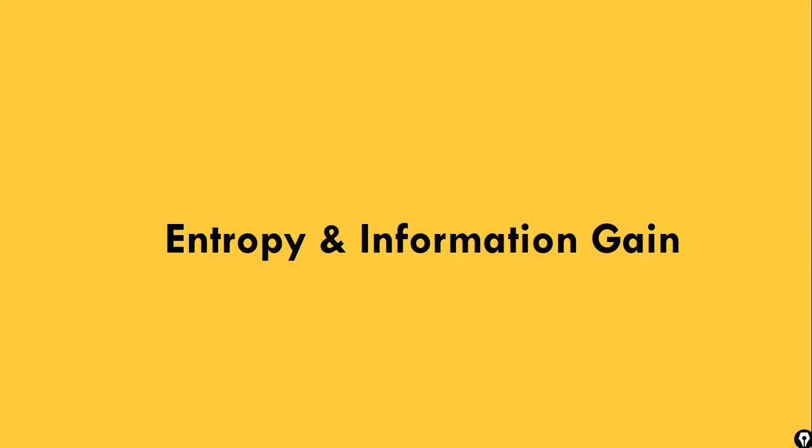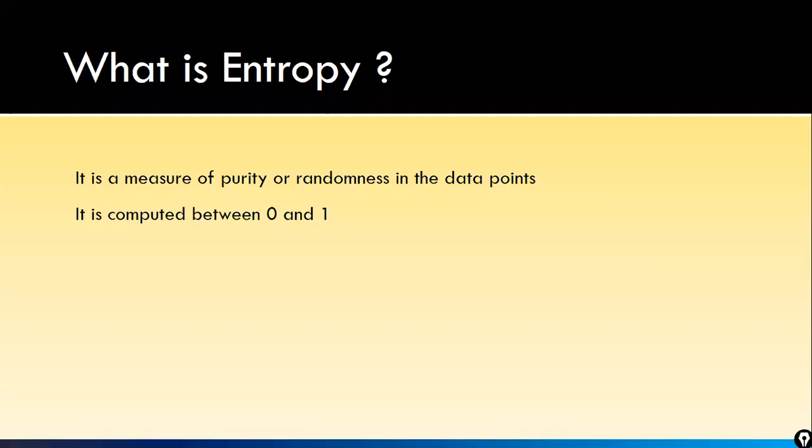The next one is entropy and information gain. With this, you should be able to get a better understanding. Entropy is a measure of impurity. Like Gini, entropy is also a measure of impurity, and the value is computed between 0 and 1 in this case. It relies heavily on the number of groups or classes present in the data set, so this value can be more than one also.